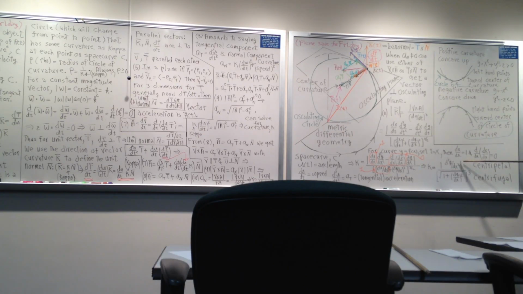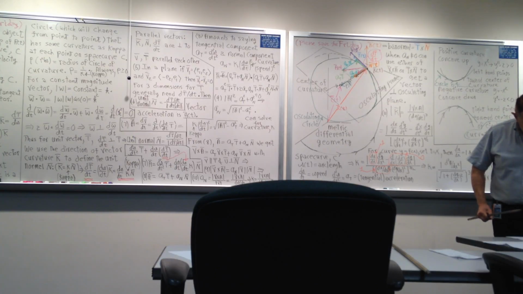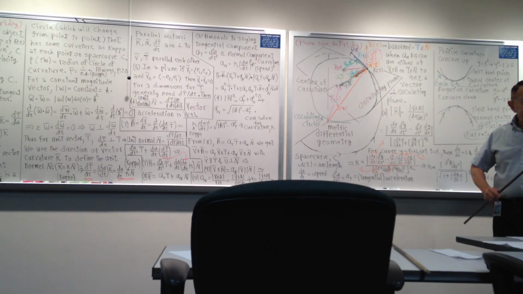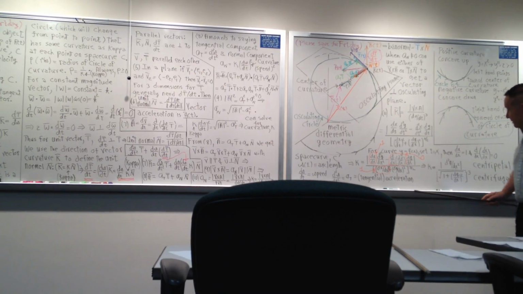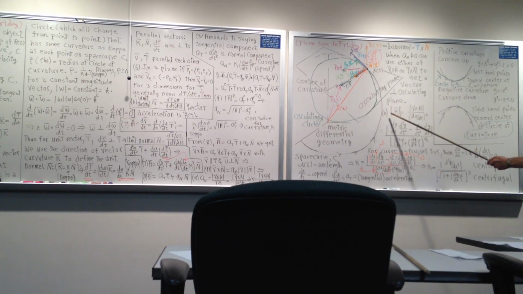So this is your curvature formula for a curve in the xy plane if the curve is given as y in terms of x. So that's the formula that's on the back side of your long sheet of paper. That's number 12. So this one is number 11, and this down here is number 12 on your sheet of paper.